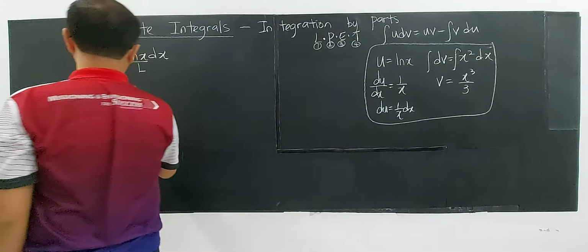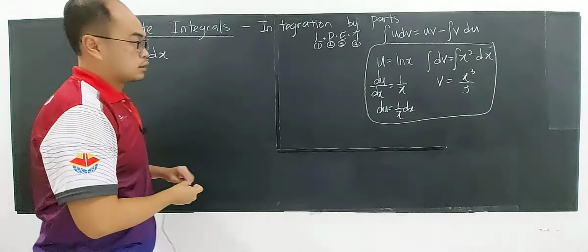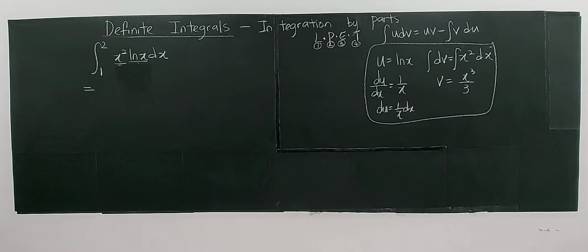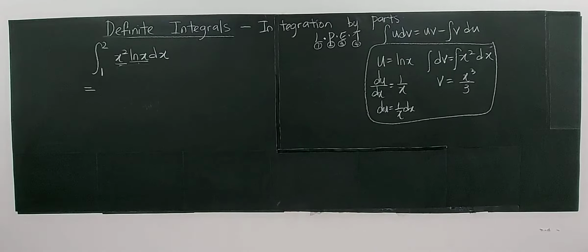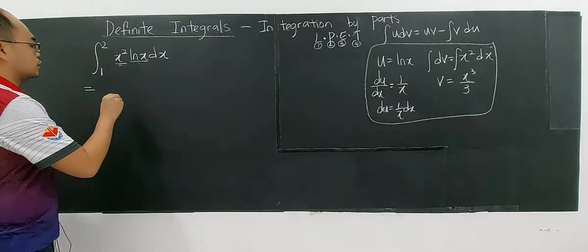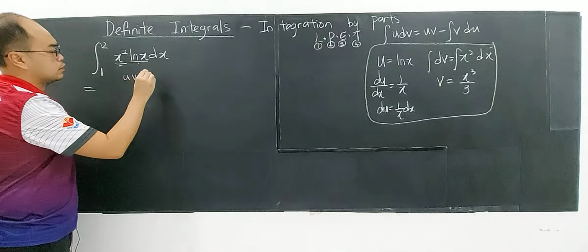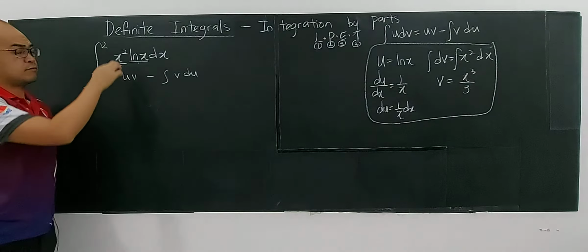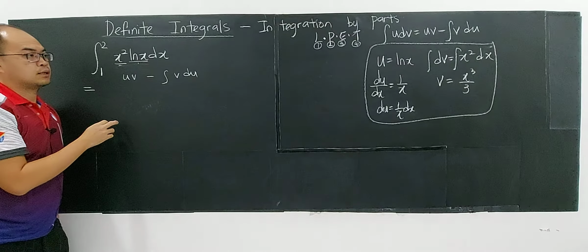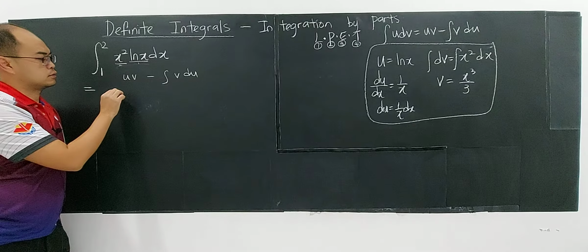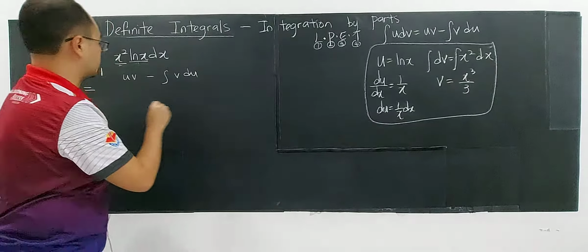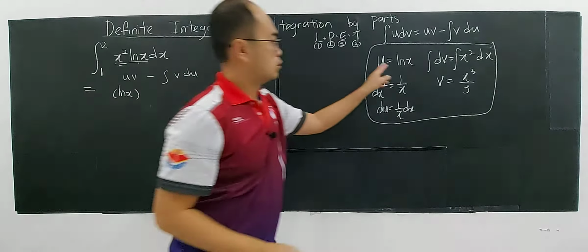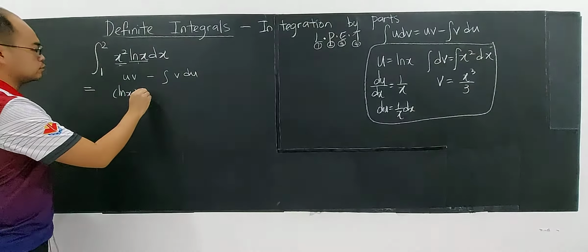Now I'm going to apply this to my definite integral using integration by parts. The formula for evaluating is uv minus the integral of v du. This is the proper way of writing it. Your u will be ln x, and your v will be x cubed over 3.